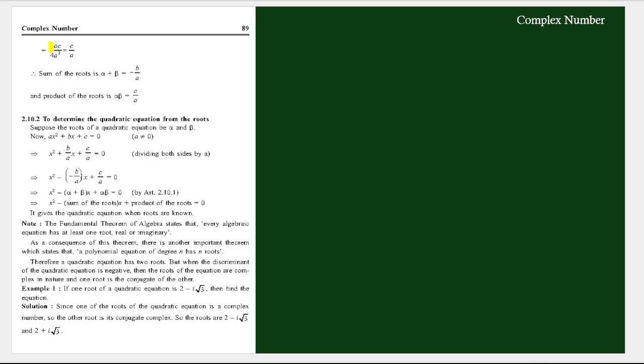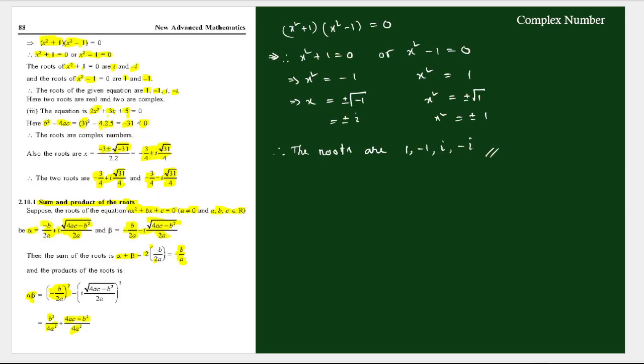Then we got 4ac by 4a square. So 4 cancels, a cancels, and what remains is c by a.